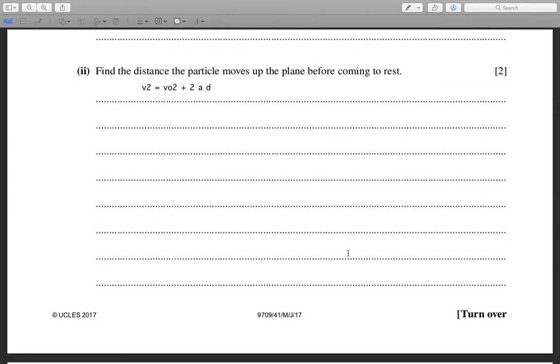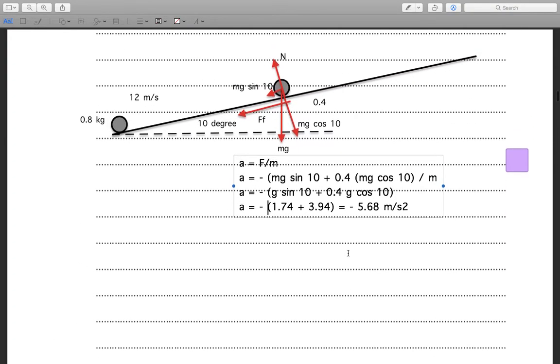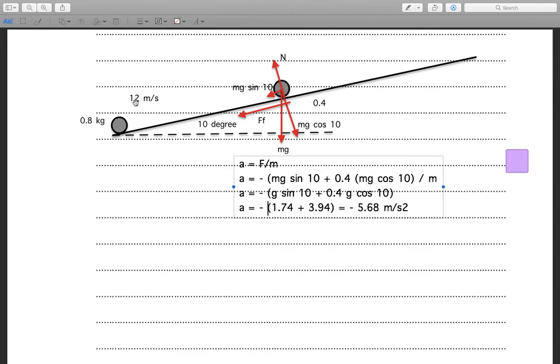Okay, we continue with question 2. Find the distance the particle moves up the plane before coming to rest. We know from this here we have 12 meters per second, and then we come to rest, the final velocity comes to zero, and then we have a.